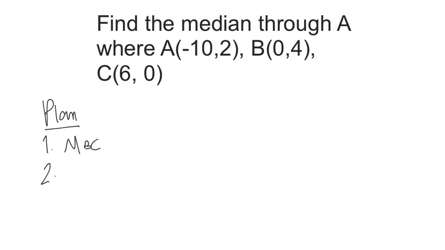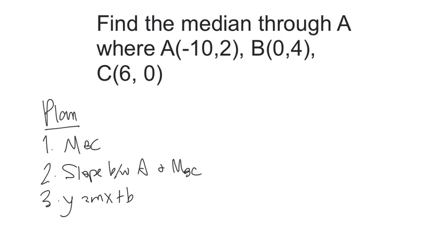Step 2, find the slope between A and that midpoint. And then step 3, put those into y equals mx plus b. Alright, same plan as before. And that's the thing, once you start doing a few of these median questions, you'll see they're all the same.